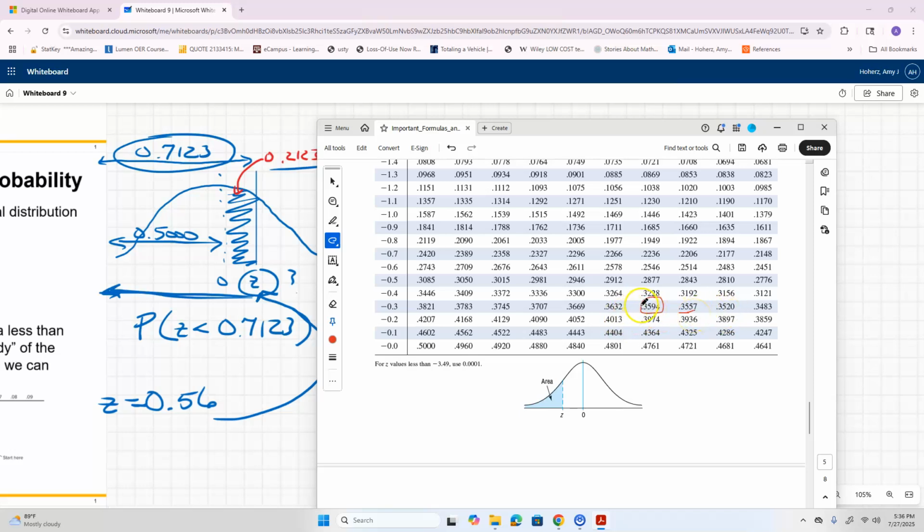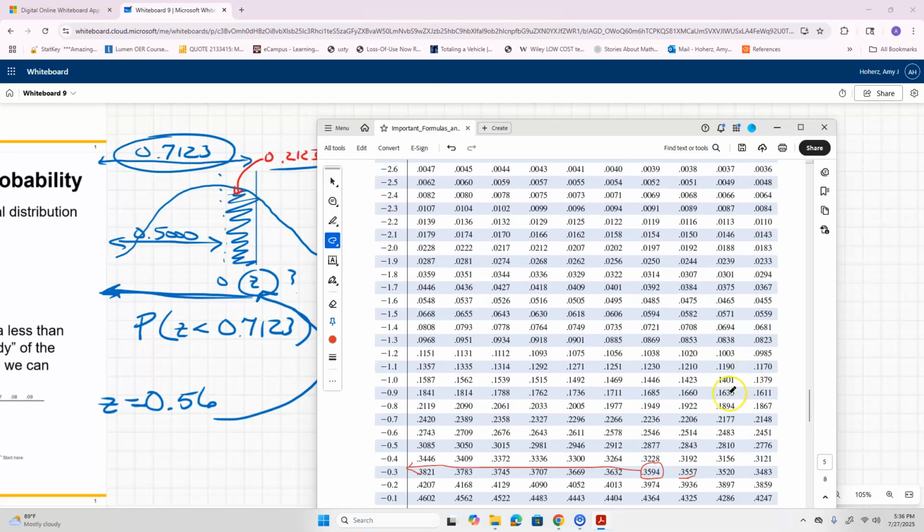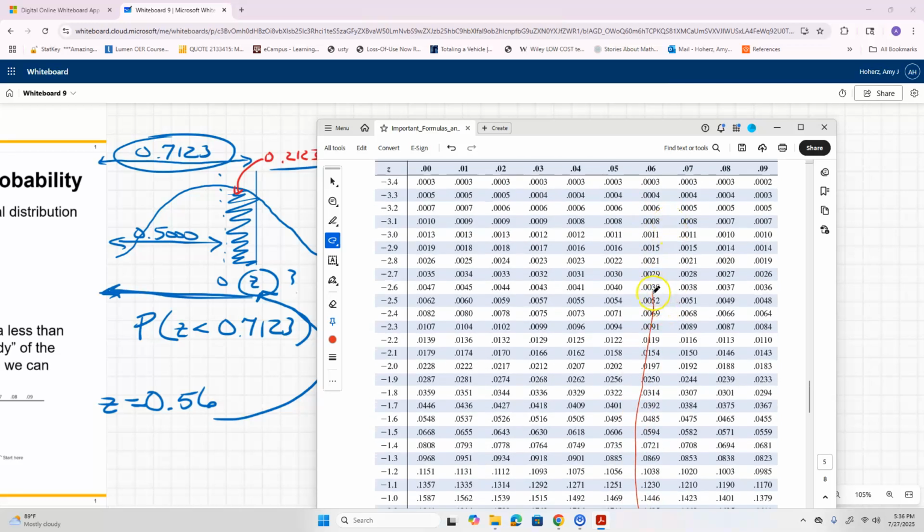Then we're going to go from there and we're going to go over, and we get negative 0.3, go up, 6. So negative 0.36 is our z value.